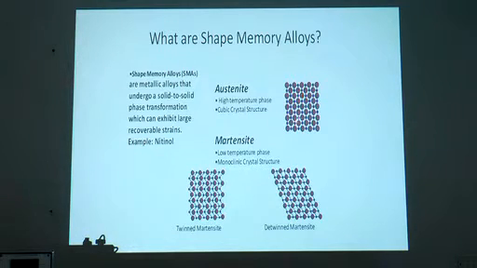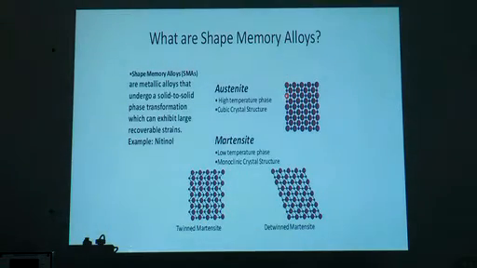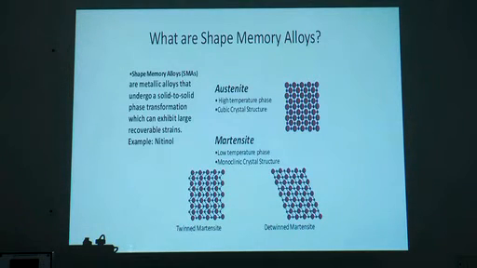At high temperature, the structure of NITINOL is the austenite structure. It is a cubic crystal structure with the nickel atoms in a face-centered lattice, the titanium atoms sitting between 2 nickel atoms. This is cubic, that means the angle between the A and the B axis is 90 degrees.